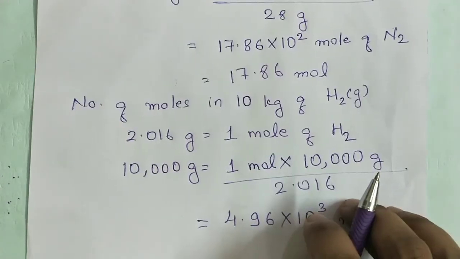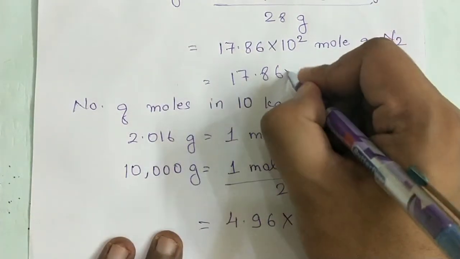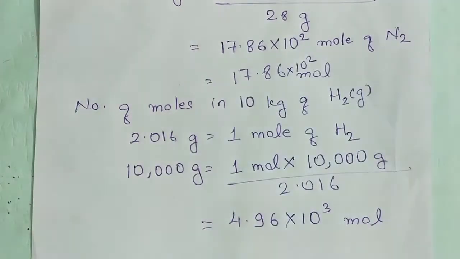So now we have two quantities. Number of moles in 50 kg of nitrogen gas, which is 17.86 into 10 raised to the power 2 mole, and H2, number of moles in 10 kg of H2, which equal 4.96 into 10 raised to the power 3 moles.